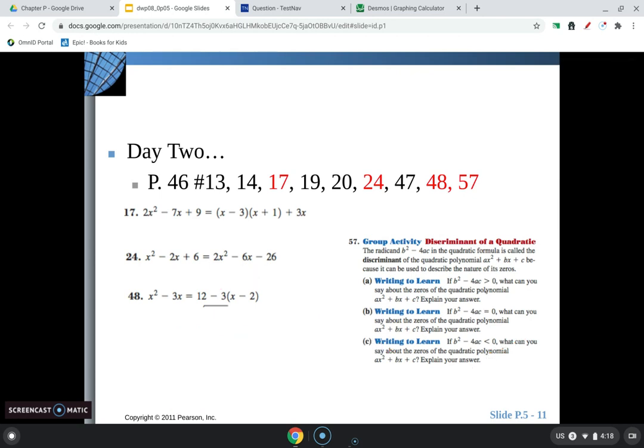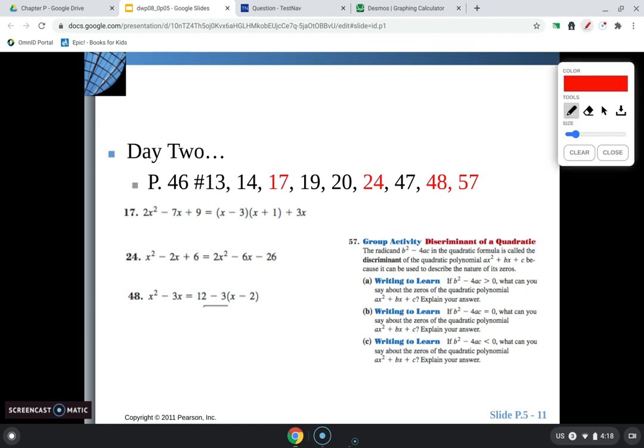The radicand b squared minus 4ac is called the discriminant. If b squared minus 4ac is positive, what can you say about the zeros? Well, if we take the square root of a positive number, we get two answers. So you're always going to get two answers.